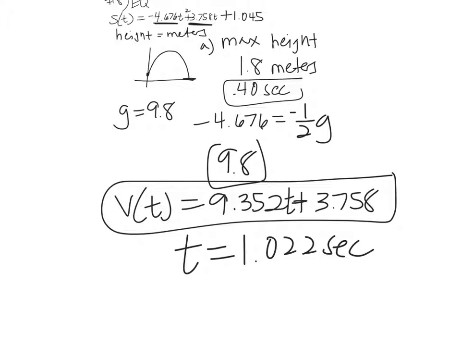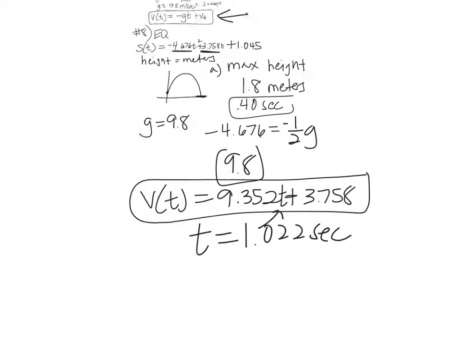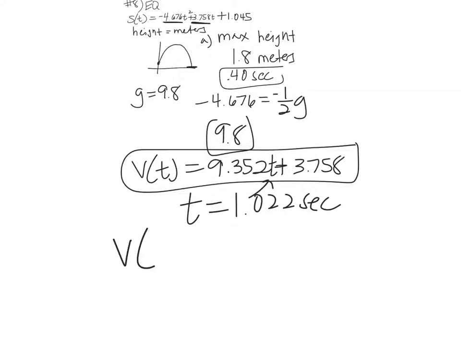So now I have to take that t and plug it into the velocity equation. So v of 1.022 equals 9.352 times 1.022 plus 3.758. Make sure.